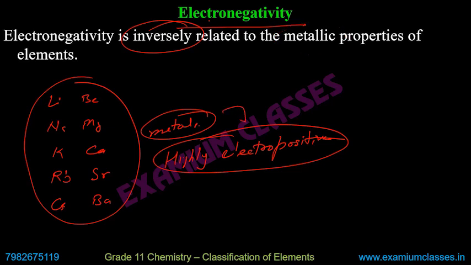Metallic properties are related to electropositivity. So you need to remember this point as well: greater the electropositivity, greater the metallic character; greater the metallic character, greater the electropositivity. Electropositivity is the opposite of electronegativity. That's why electronegativity is inversely proportional to metallic properties also.